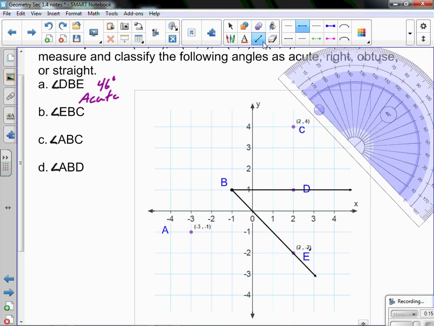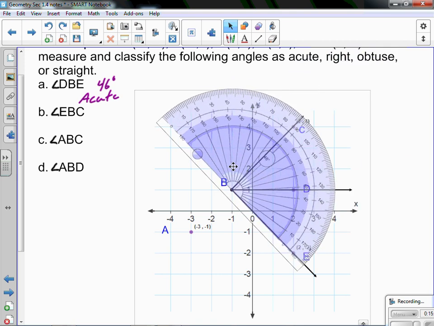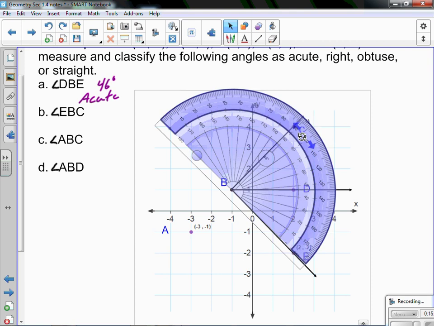And then going on from there, the next angle is angle EBC. So EBC, so we're going to go from B through point C. Grab our protractor, put it over here, get that lined up.